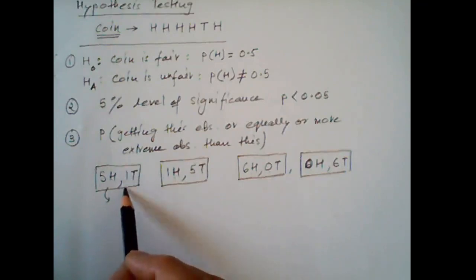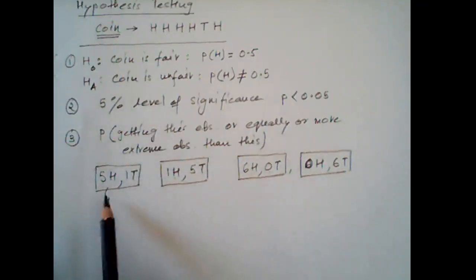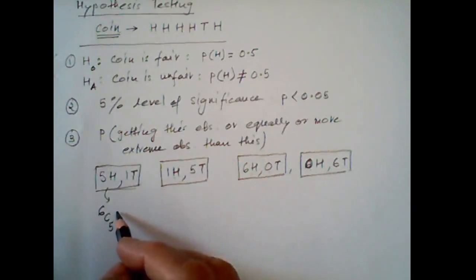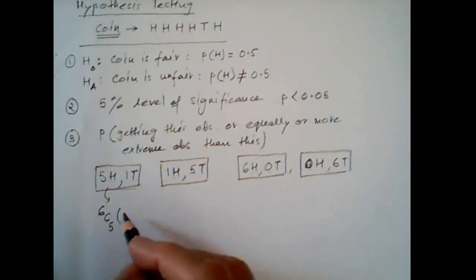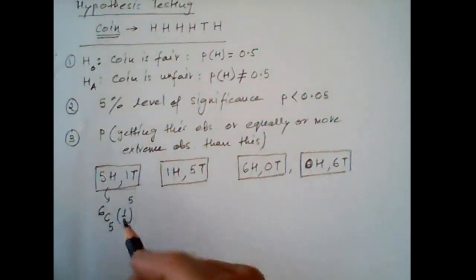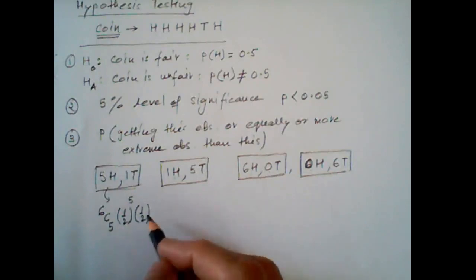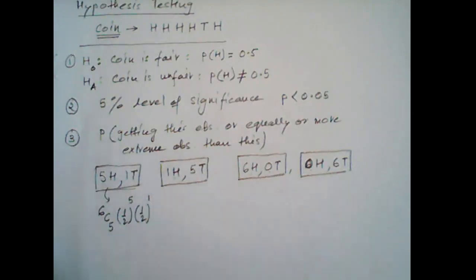And here we are going to assume that the coin is fair. So the probability of getting this observation is 6 choose 5 times probability of heads, which is success, half raised to the power 5 times probability of tails, which is again half raised to the power 1.